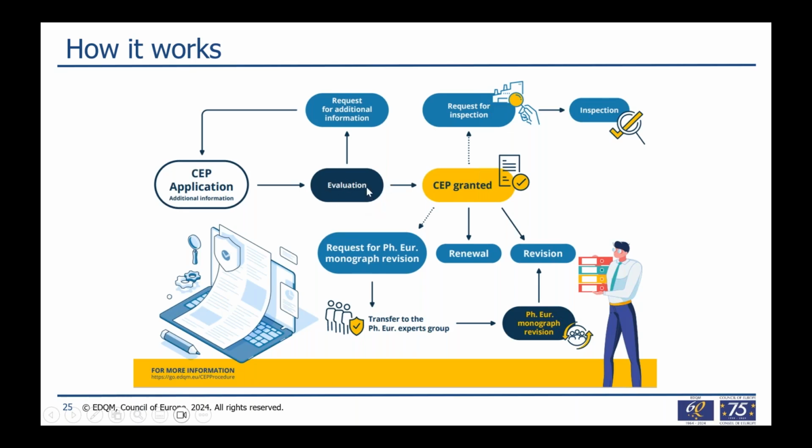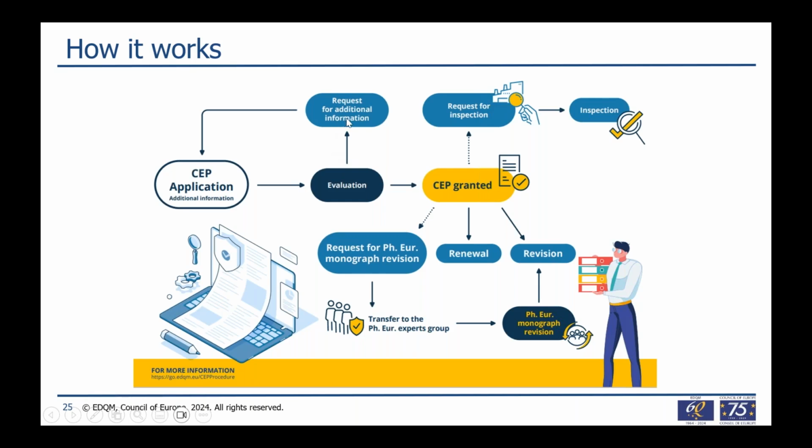The evaluation is usually done by 2 assessors, and they write an assessment report, which we call a report A. At the end of the evaluation, the assessors can conclude with either one of these possibilities. First of all, the dossier can be found compliant with requirements and the CEP is granted.